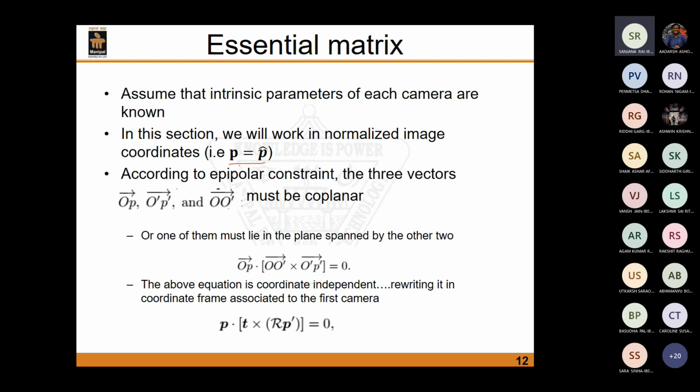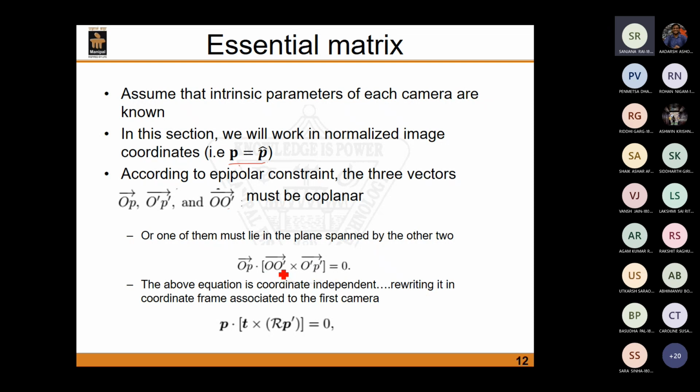Because these are coplanar, if I take the dot product of one of these lines along with the cross product of the other two lines, I get 0. This particular formula is something we discussed in one of the first few classes; you can go through that once again.